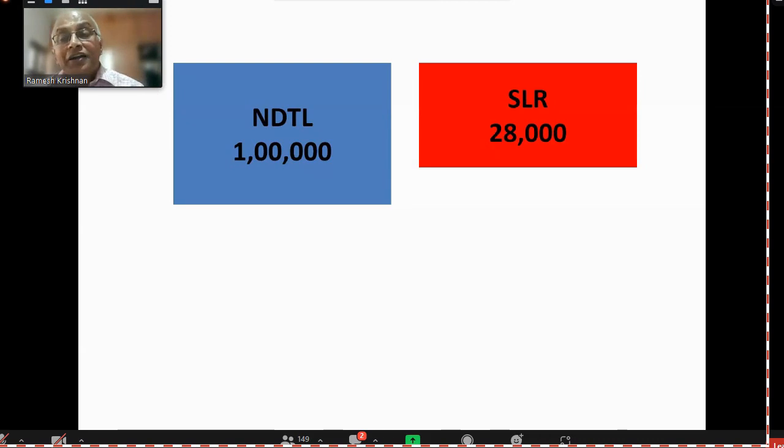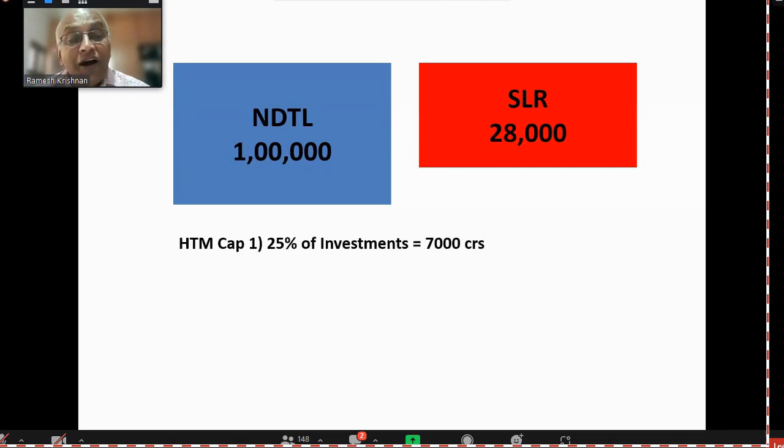Give me time. Now, suppose your bank's investment portfolio is 28,000 crores. So, there are two caps by RBI. 25% of your investments is the first cap, that the HTM maximum can be 25% of your investments, which is 7,000 crores.